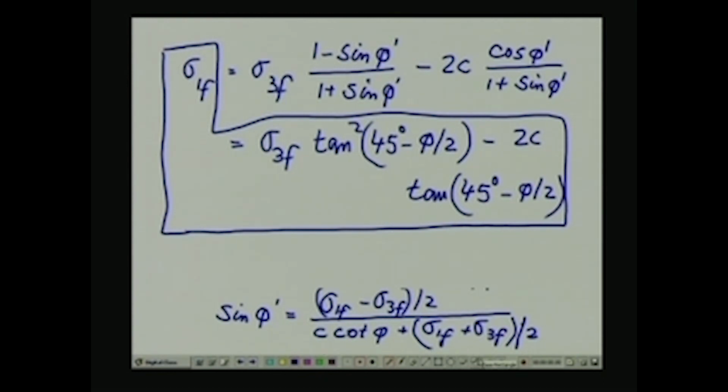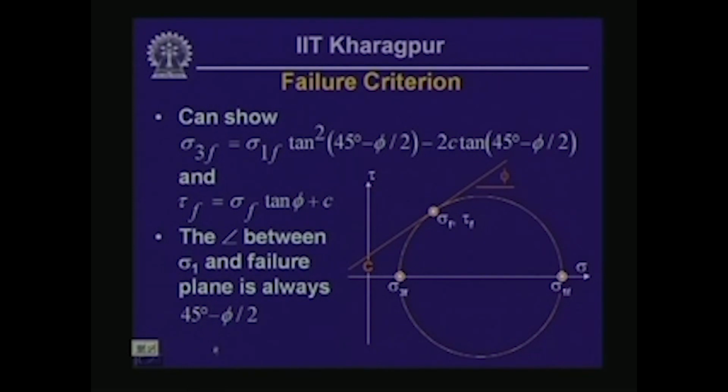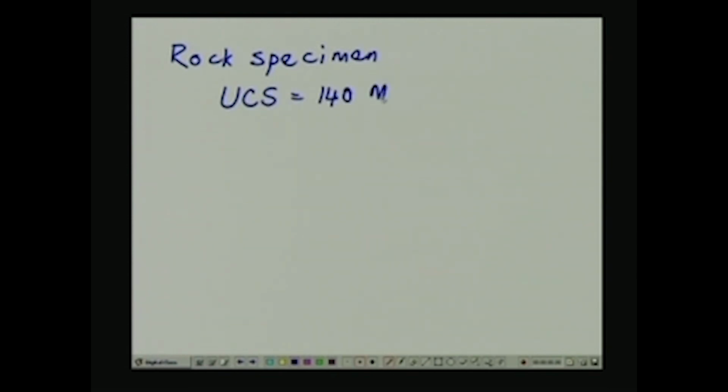Let us take an example on this one. Let us consider a case of a rock specimen for which the UCS is equal to 140 MPa, and sigma 1 at failure is 550 MPa in one triaxial test, and sigma 3 at failure in the same triaxial test is 100 MPa.